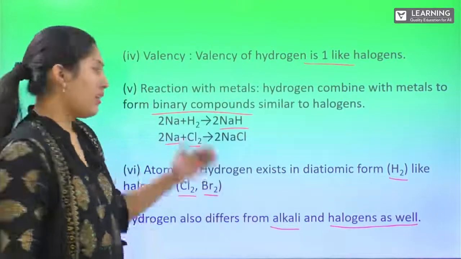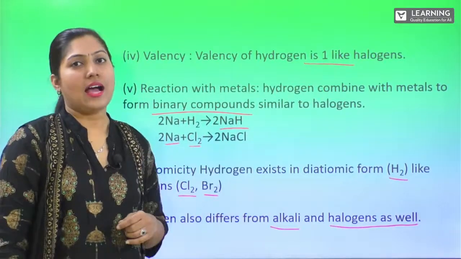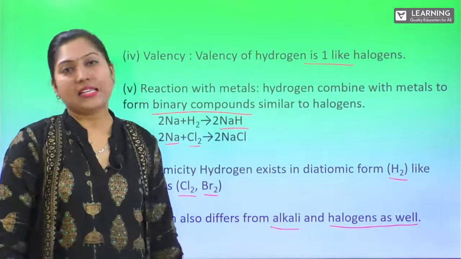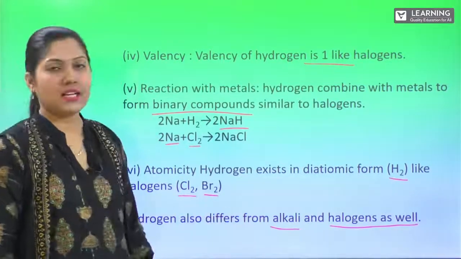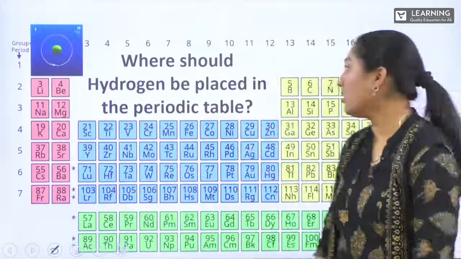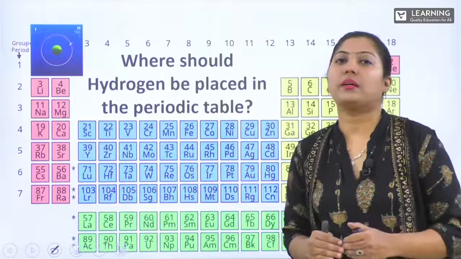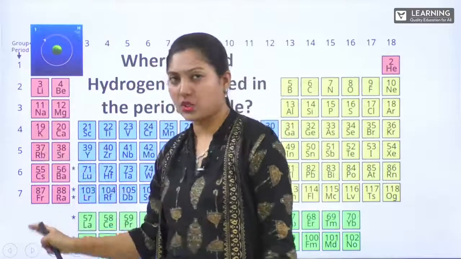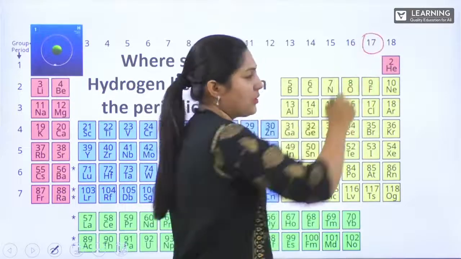We see hydrogen is reacting like alkali metals as well as the halogens, and it also has some differences, or deviations, from alkali metals and halogens. The first thing we can see here is where we should place hydrogen. By seeing these properties, we can say hydrogen can be placed in first group, or else it can be placed in 17th group.